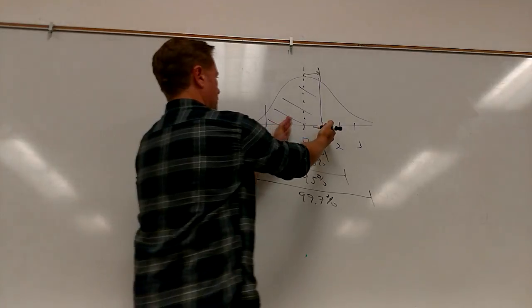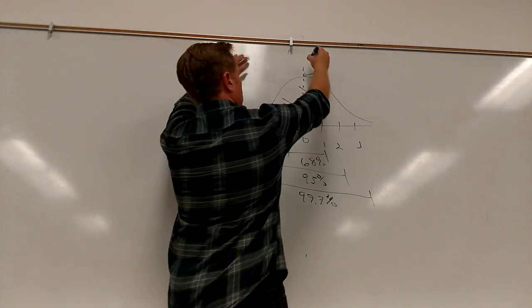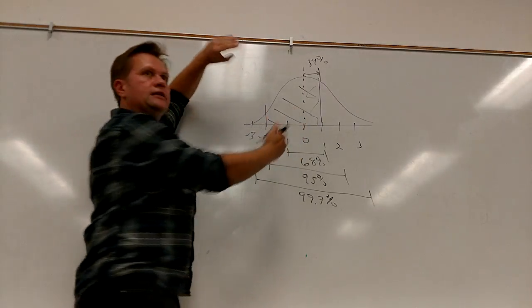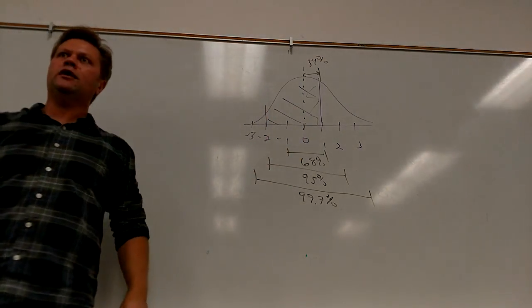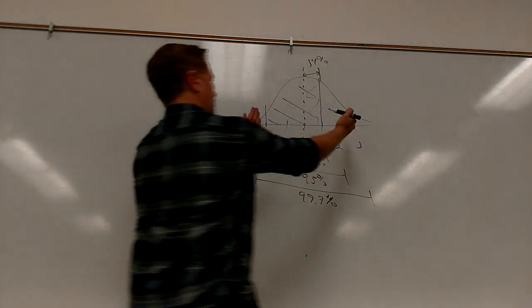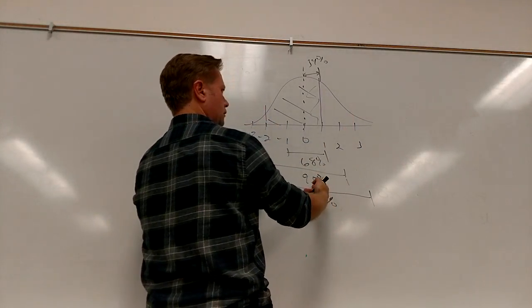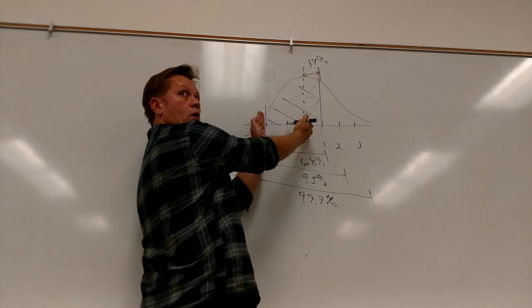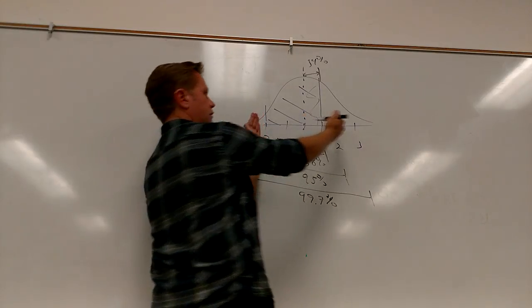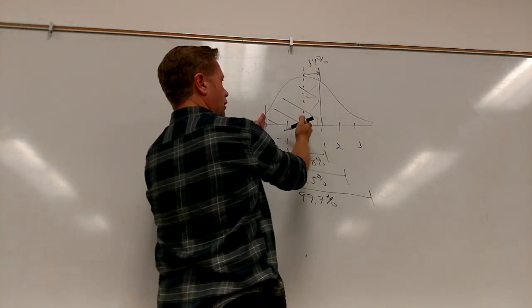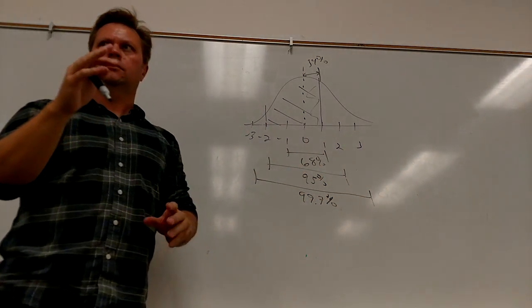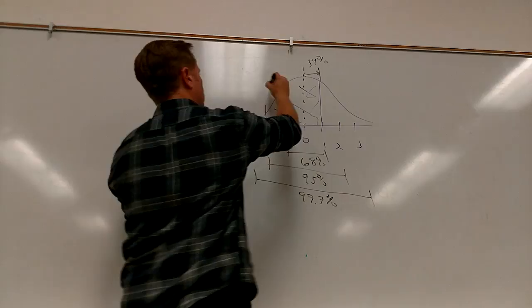So if there's 68 here, there must be 34 there. So I've got part of the answer already. Now I just have to figure out what this is. Can't I do that part the same way I just did? This is 68%. This is 95. This part will be half of that. Half of 95 is 47.5. So this is 47.5.